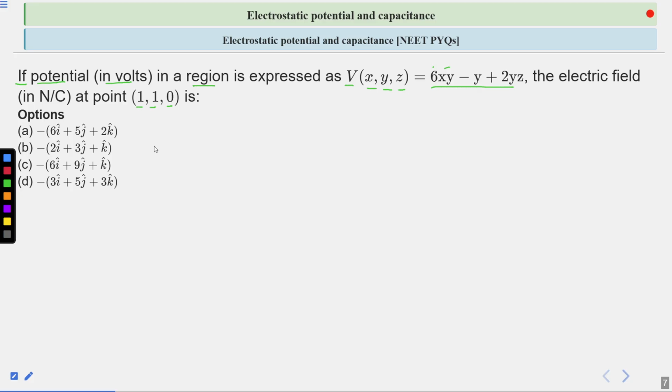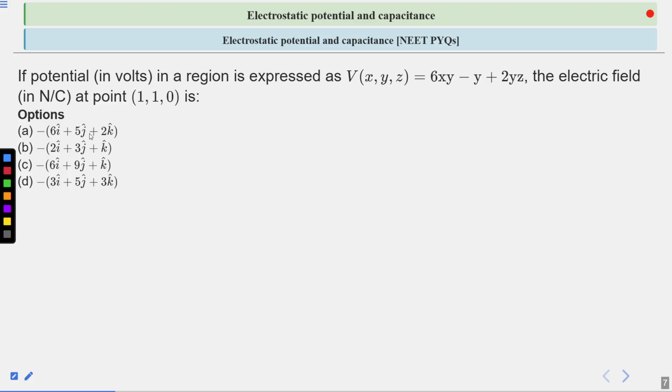So this type of question is very important. You have to find the electric field at the point 1, 1, 0, meaning x equal to 1, y equal to 1 and z equal to 0.